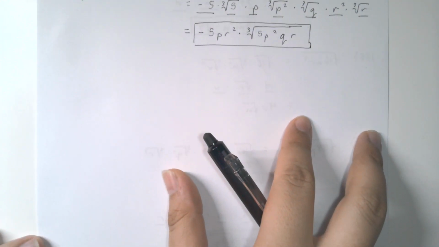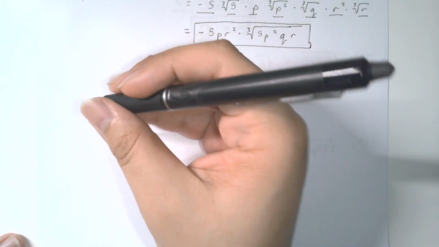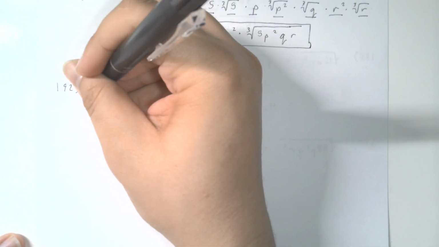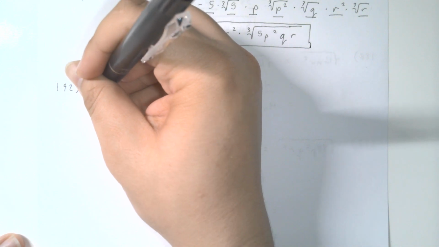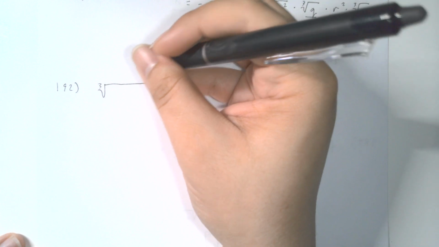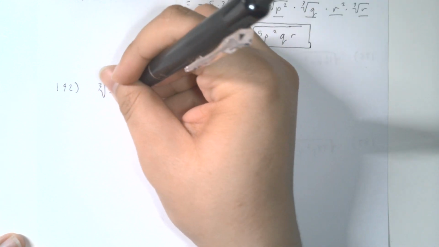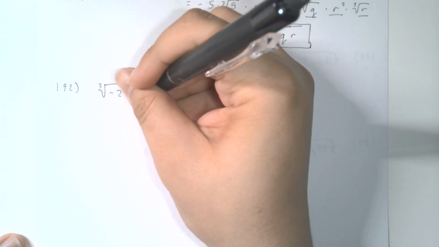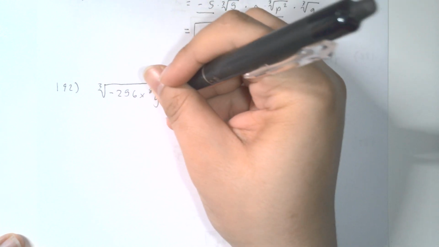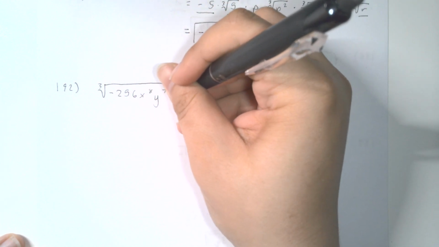And for the last one, we have the cube root of 192. So no, it's not the cube root of 192. The problem is 192. It's the cube root of negative 256 x to the 8th, y to the 7th, z to the 6th.